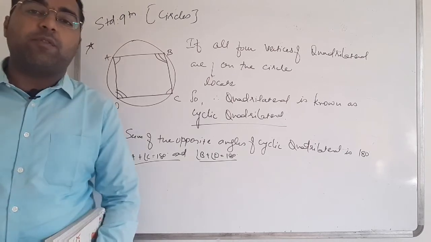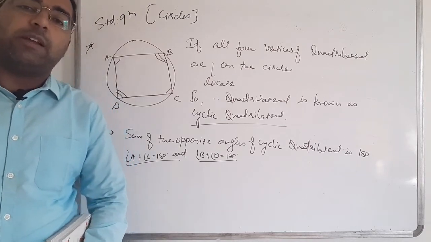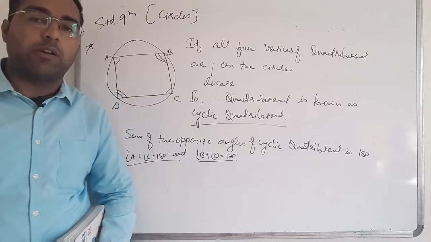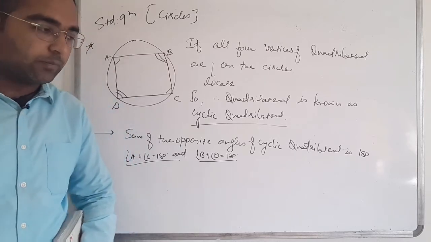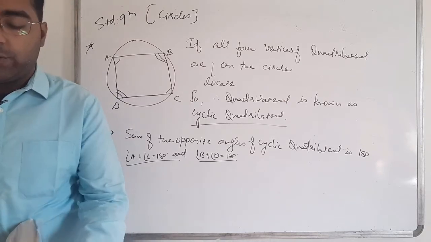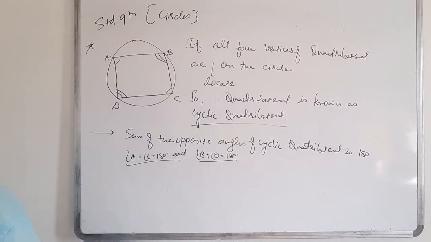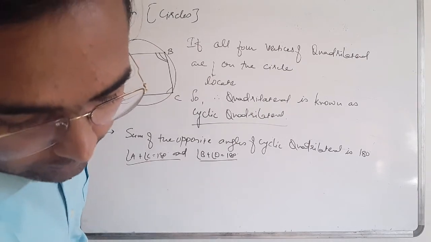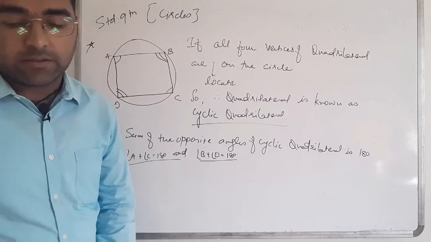If opposite angles sum to 180 degrees, then we can say it's a cyclic quadrilateral. Clear that? So these are the basic things we need to understand before exercise 10.5. So now we have to move to exercise 10.5.